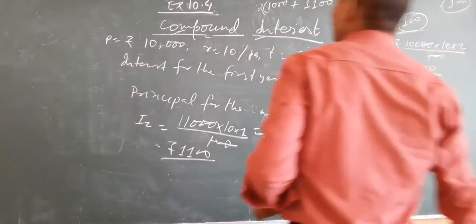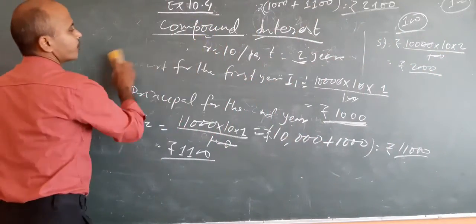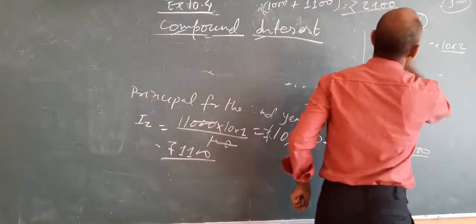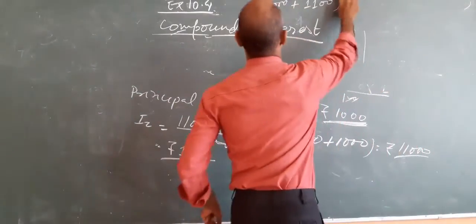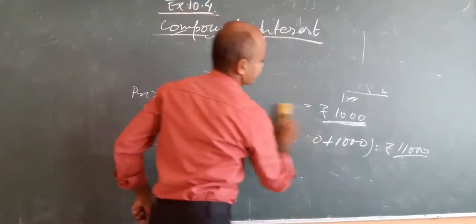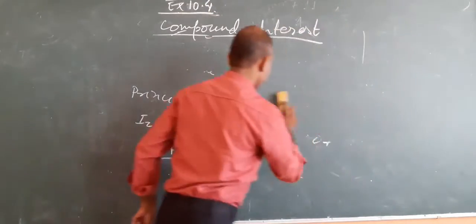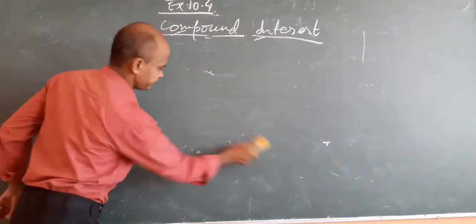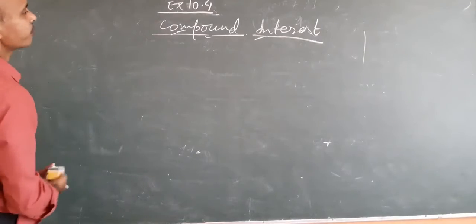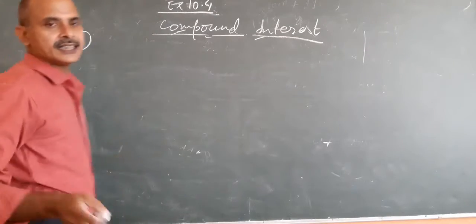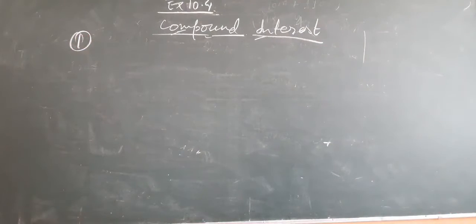Now we'll see question number 1 of exercise 10.4. See the question: what is the principal? The principal is rupees 50,000.